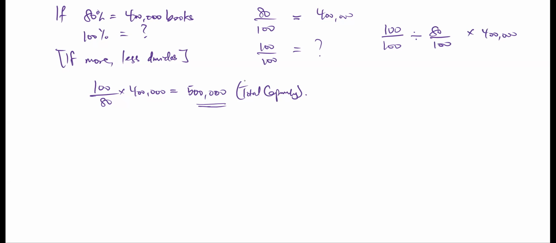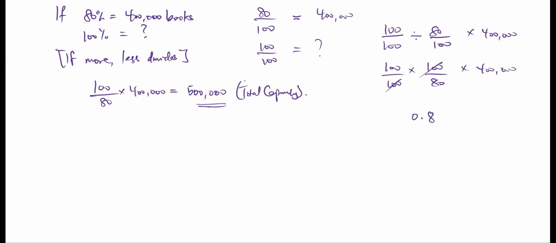So this can be rewritten as 100 over 100 times 100 over 80 times 400,000. I'm just showing you something. They are reciprocals.